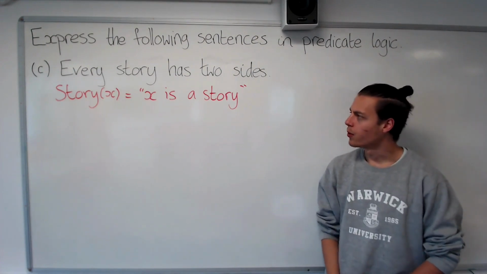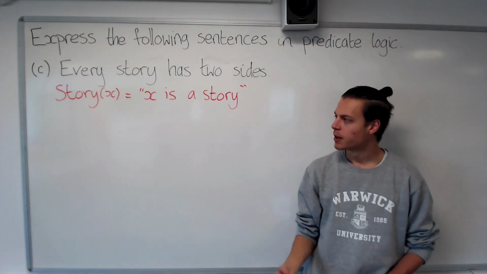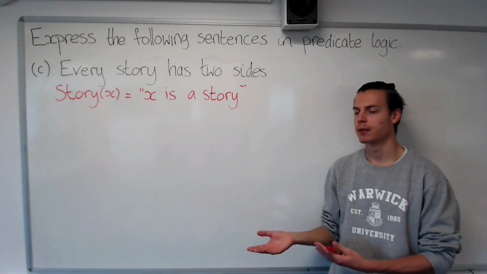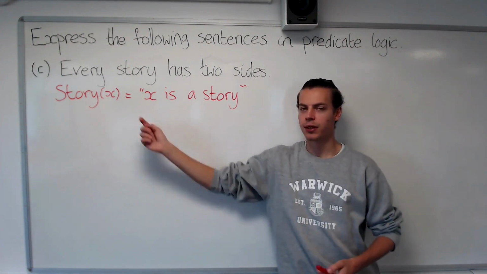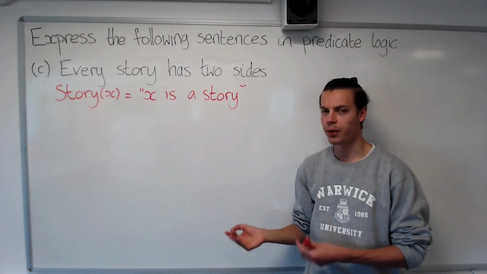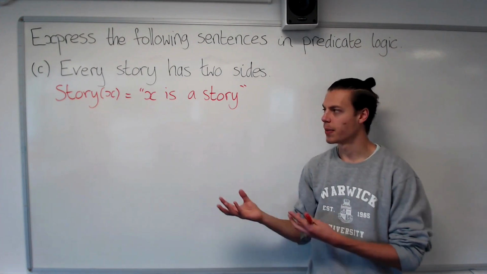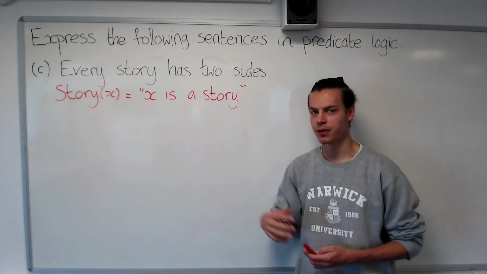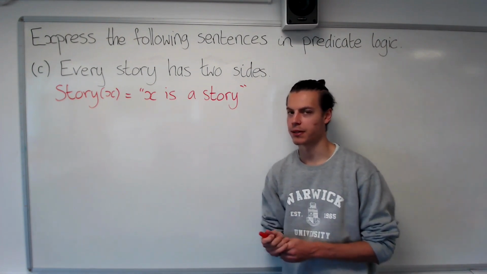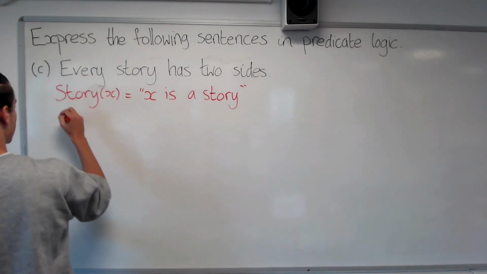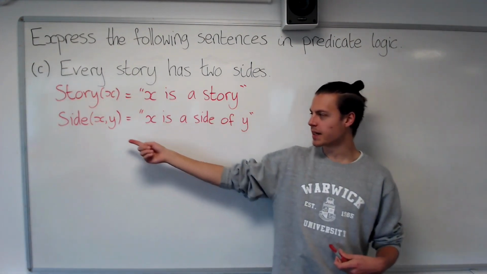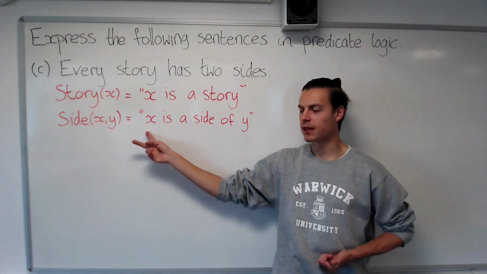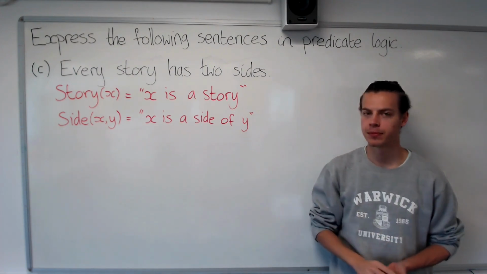Okay. And we also want to express that something is a side of something else. Right? Because we want to say that a story has two sides. So there are two things such that both are a side of the story. So we need another predicate for this. So this predicate, side of x y, expresses that x is a side of y.